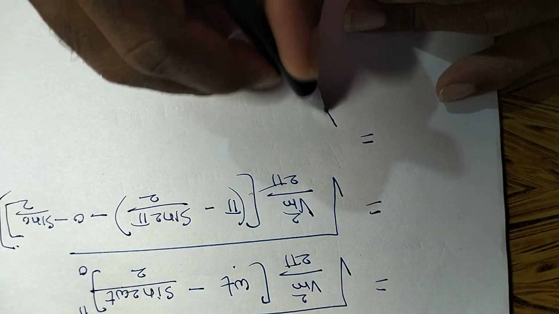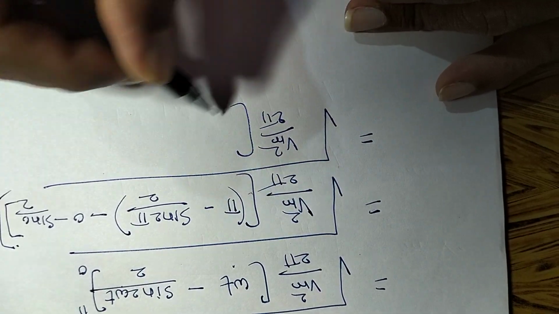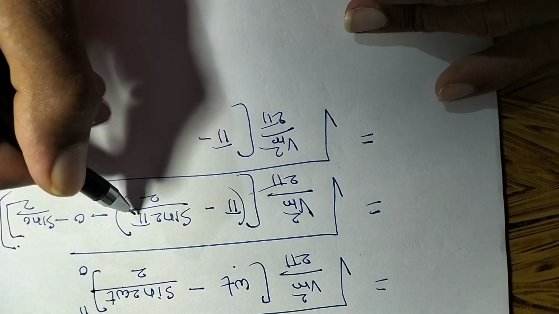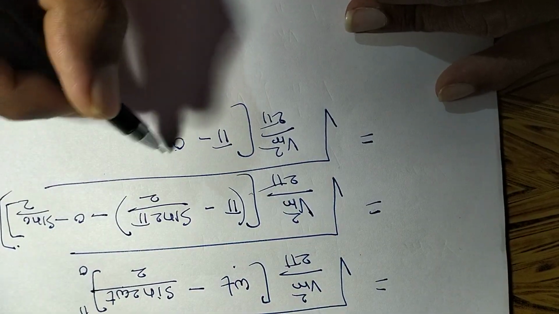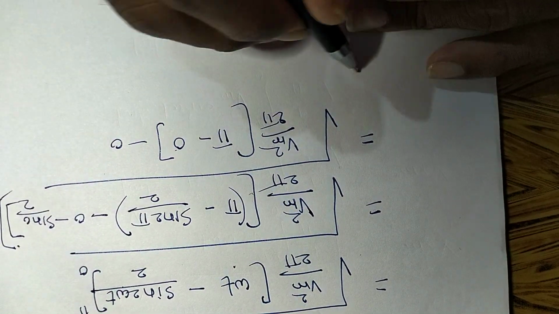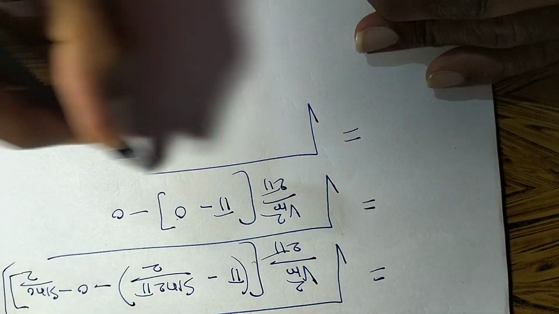Now Vm square divided by 2 pi; sin 360 means 0, so this term also becomes 0. What is the final expression we get?